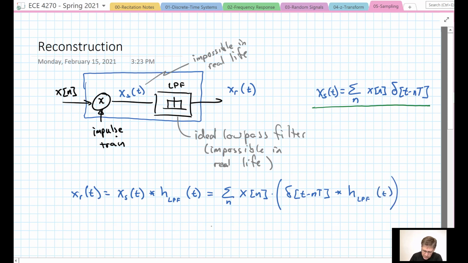And when we convolve something with a shifted delta, we just get a shifted response, and so we're going to get x of n times h low pass filter of t minus nT.